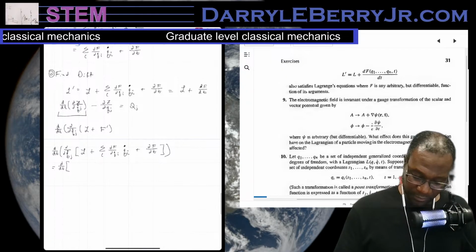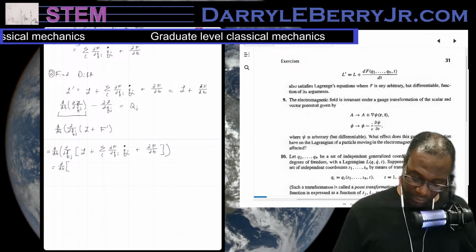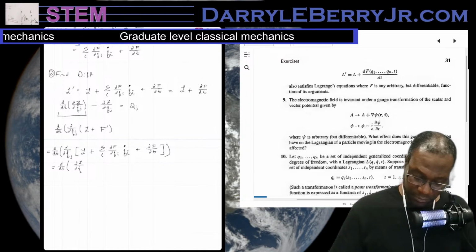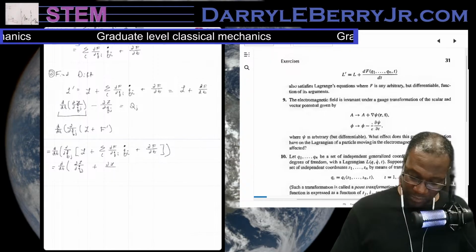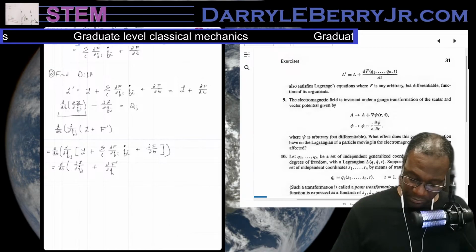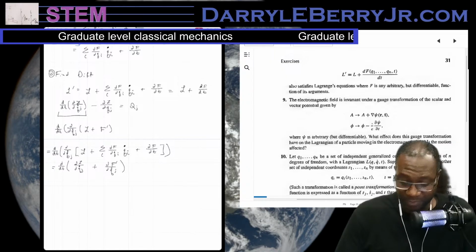And on the second line, we plug those things in. And on the third line, we have partial L over partial q dot j plus partial f prime over partial q dot j. So there seems to be a direct substitution of that right there.